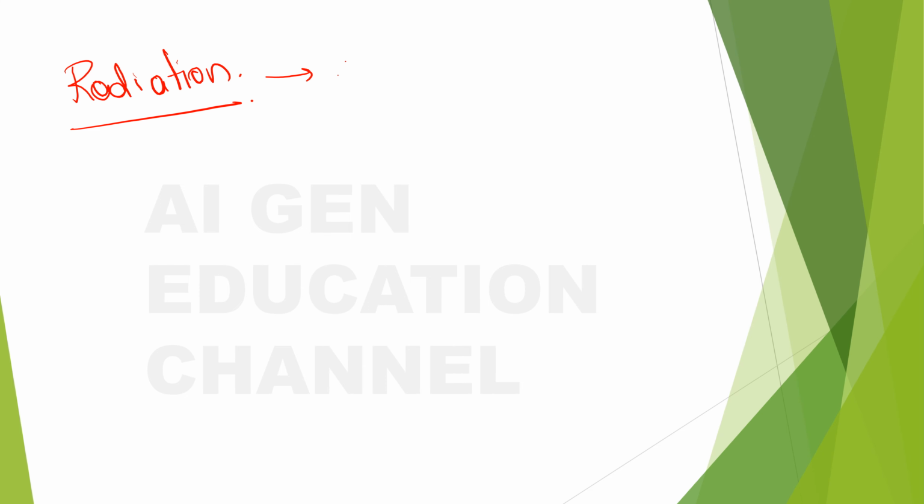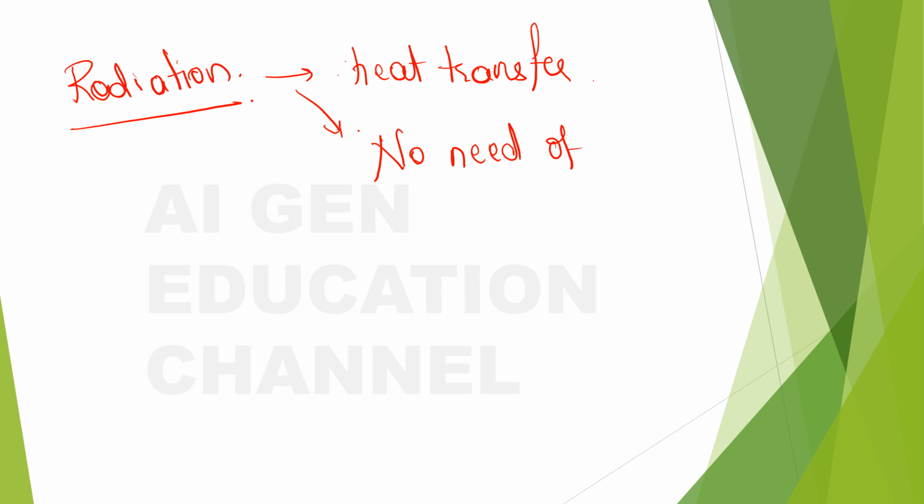Radiation is yet another process of heat transfer, right? In what way does it differ from conduction and convection? It differs in the sense that here there is no need of any intervening medium.